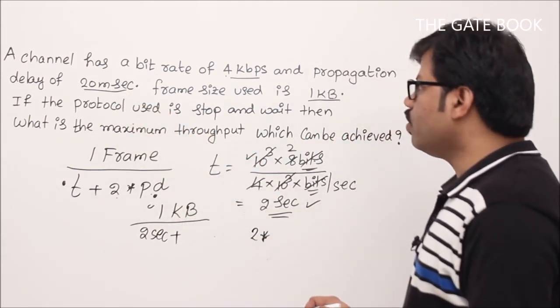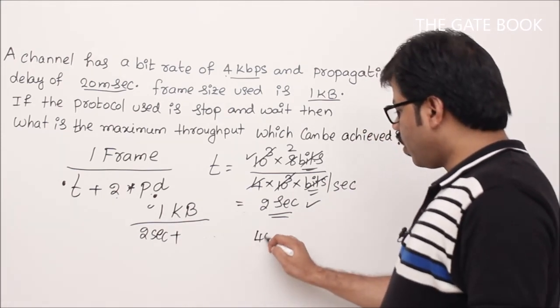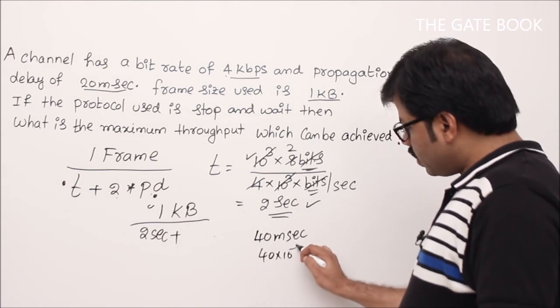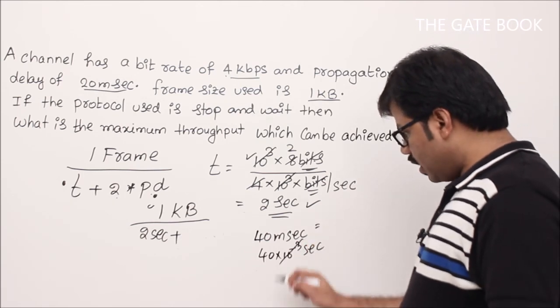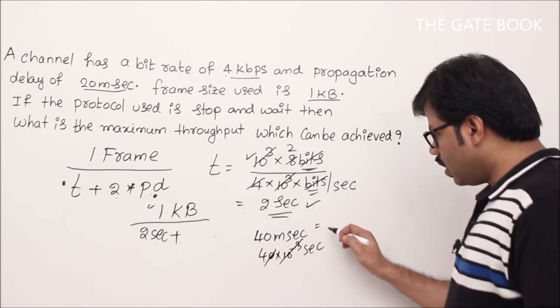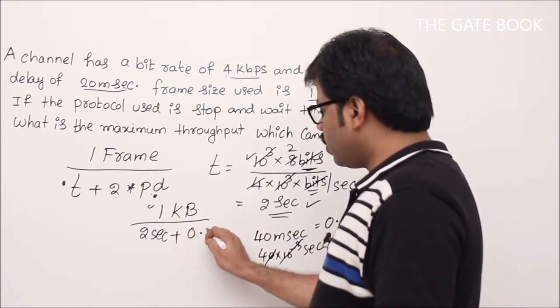Let's convert it into seconds. It will become 40 millisecond, right? 40 millisecond is nothing but 40 into 10 power minus 3 seconds. It would become 0.04. So you get here 0.04.